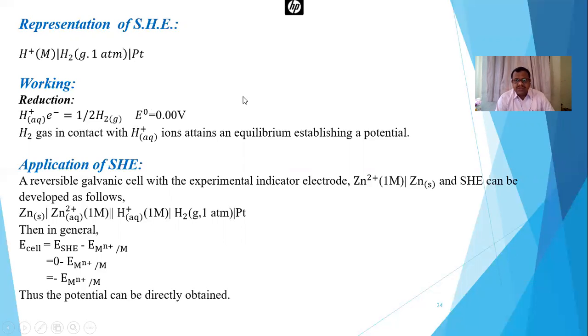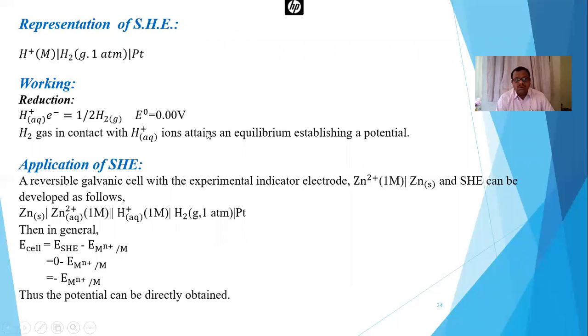The reaction taking place in the standard hydrogen electrode is as follows. These H plus ions accept the electron and give half H2, and the standard potential developed is 0.0 volt.